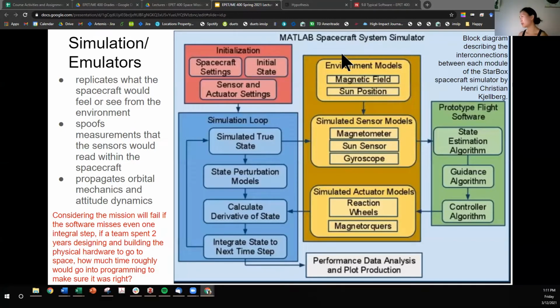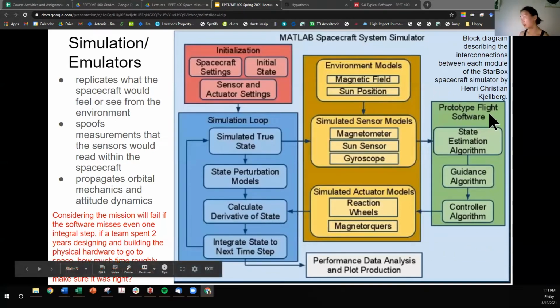These simulators, this environment sensor model, will then actually feed into the prototype flight software, which is a flight software that you're testing, that you are eventually going to load onto your actual onboard computer that's going into space. By feeding it to the prototype flight software, you can test your flight software on ground and debug any bugs that are in your software, and work out any kinks in the operations of the flight software.